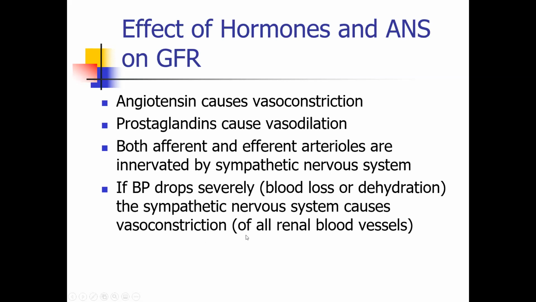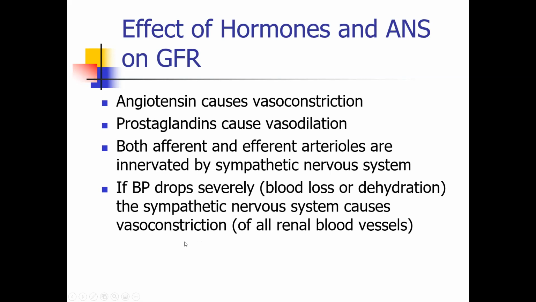So now why would it do this? What it's saying is not only do we not need to filter our blood now, but our blood pressure is dropping. And remember that as we filter blood, some fluid moves from the blood into the tubule. And if your blood pressure is dropping, you need to maintain all of the fluid that you can, even if it causes you to retain some toxins or waste.